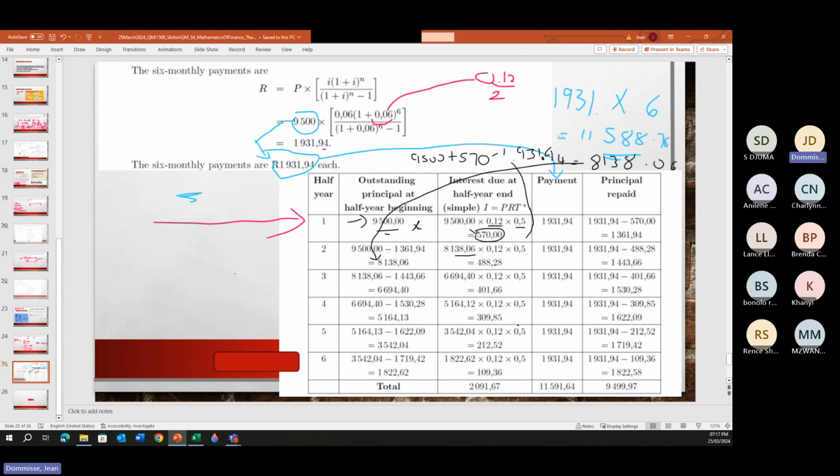Now I will need to multiply that by the interest rate, subtract the payment, then get a new one that will be the start of my third period. Repeat the process, repeat the process, repeat the process until I have basically zero in my seventh period because I have paid it up.